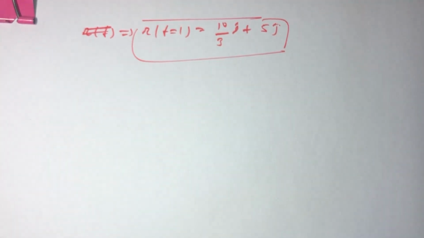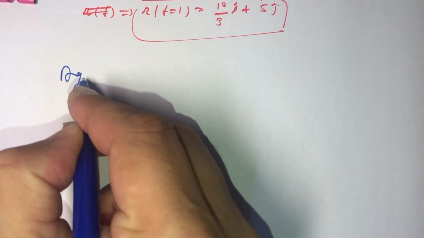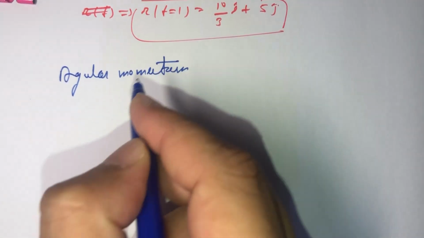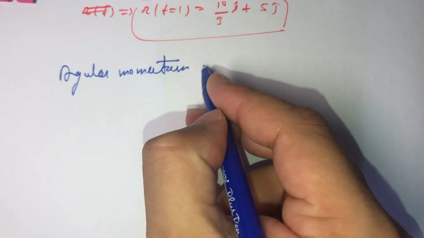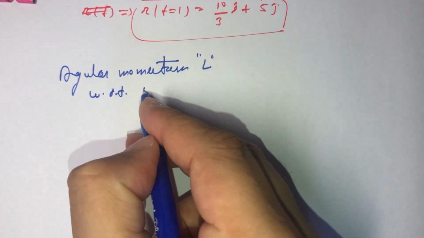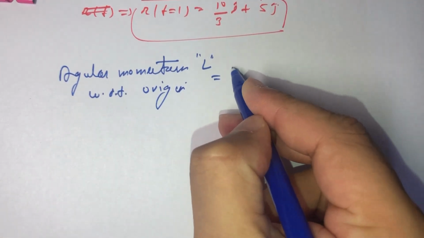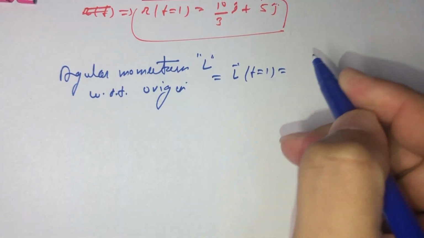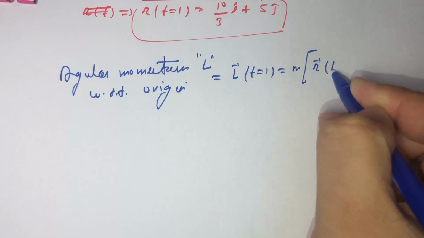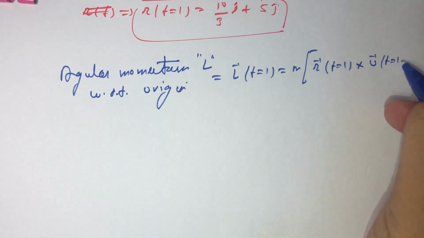And the angular momentum, which we are supposed to find out about the origin, angular momentum L with respect to origin at time t is equal to 1 will be equal to mass, and this is position vector r at t is equal to 1 cross product velocity at t is equal to 1.